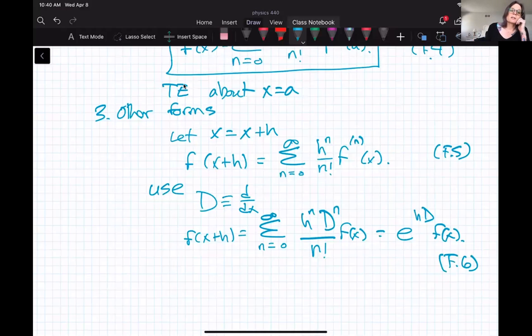So we can use that exponential function as an operator in this case. Those are maybe some ways of seeing it that you haven't seen before.